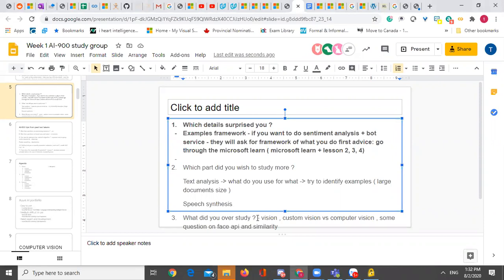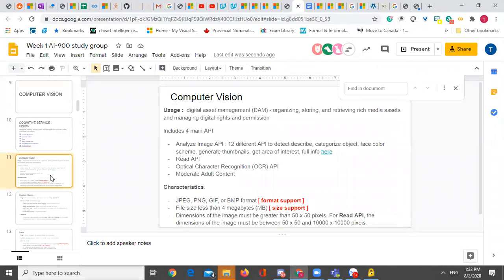Those are very small components. He also encountered some questions about face API, for example, if the company wants to find similar faces, which one they would use. I think I have linked that question in one of my quizzes.